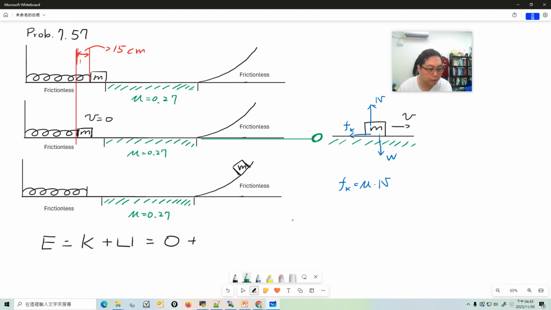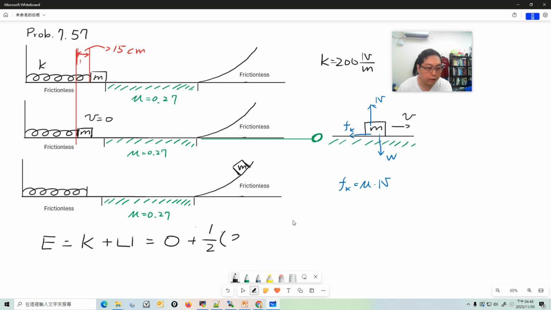So there's no gravitational potential energy, but it has elastic potential energy because the spring is compressed by 15 centimeters. The spring potential energy is one half k x squared. The force constant k is equal to 200 newtons per meter.